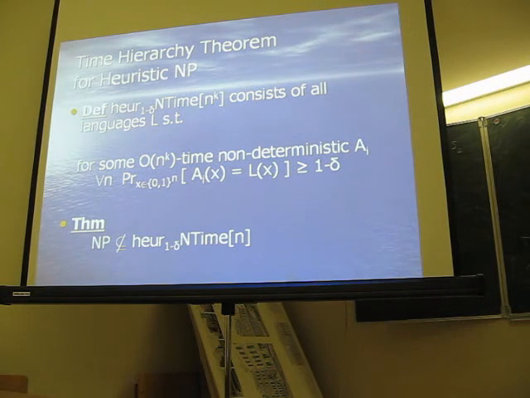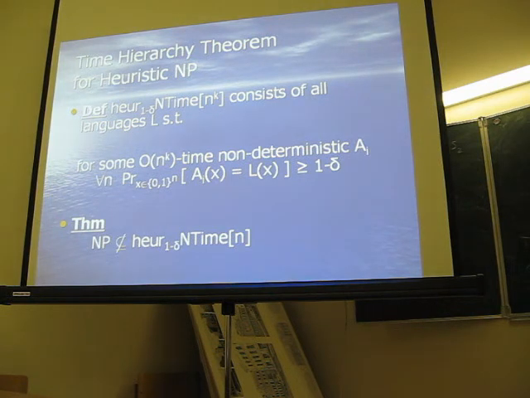So, for example, the negation of L is not recognized automatically by this. So it's non-symmetric, as usual for NP. There could be different definitions, so I want just to fix one. If language L has this property, the negation doesn't necessarily, at least not trivially, have this property.